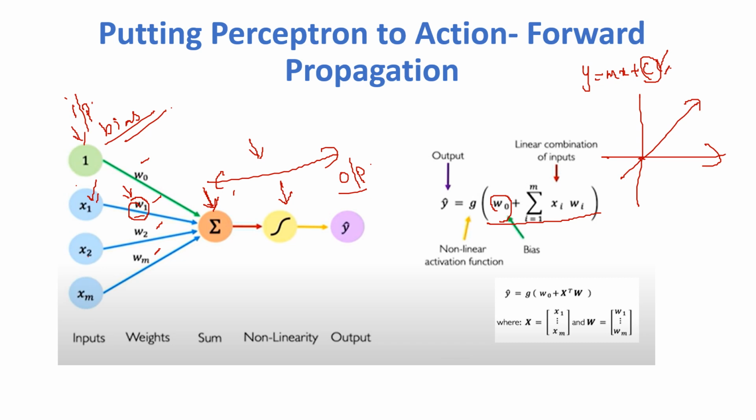Plus, we are summing all the weights multiplied with their features, where m is the size of the input that we have. Now this is a linear function that we see, and then we pass it to a nonlinear function. That nonlinear function is nothing but this activation function.